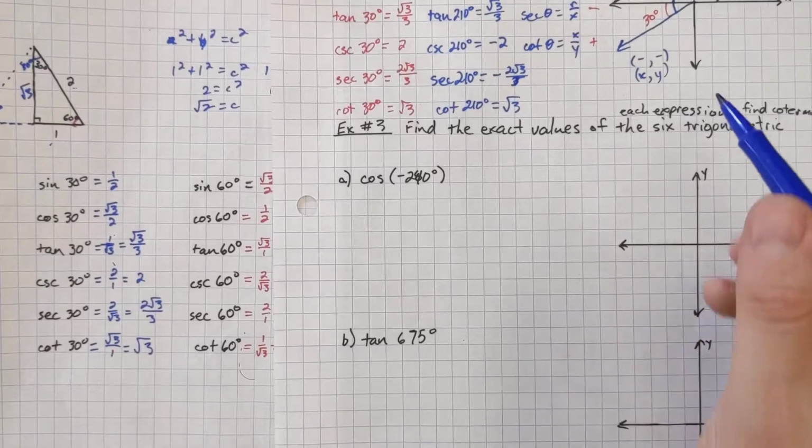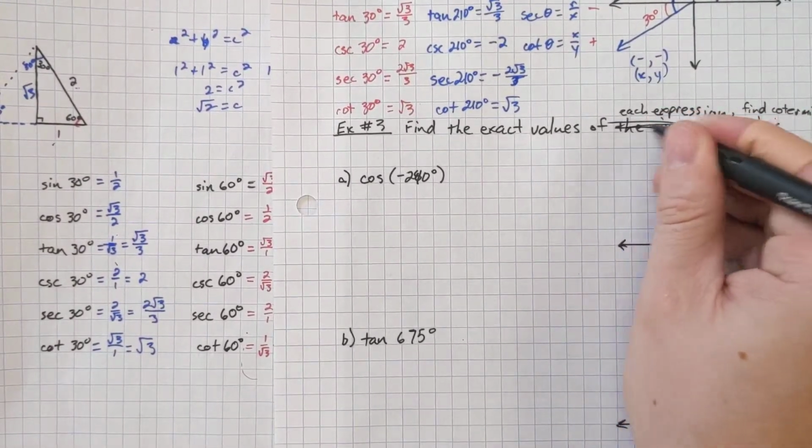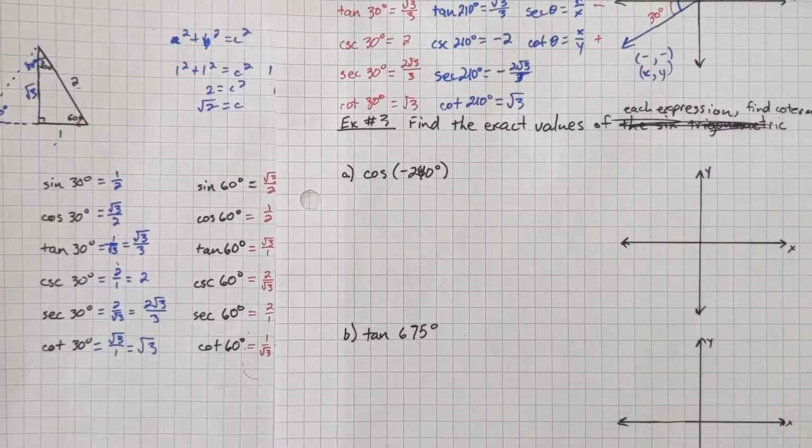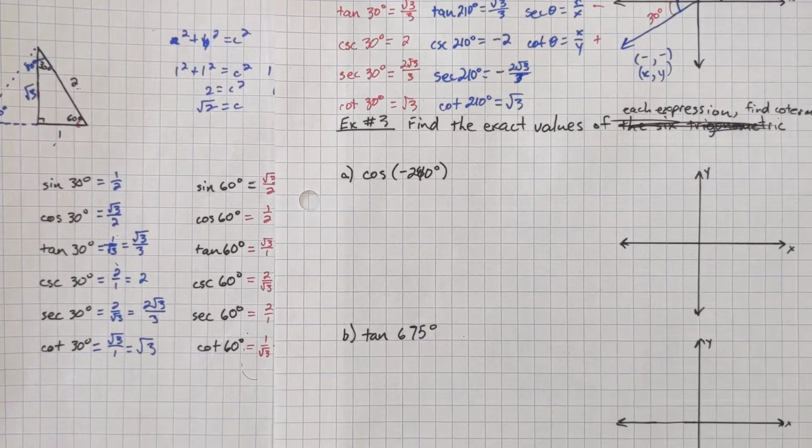Find the exact values of each expression and find the coterminal angle. So cosine of negative 240 degrees.